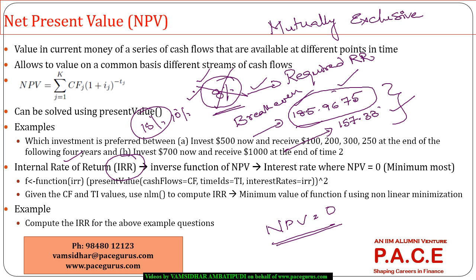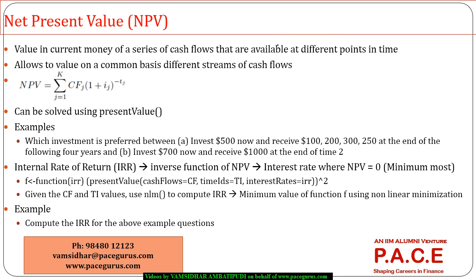So that's where people call this the inverse of NPV. Instead of specifying an interest rate, we would be deriving that particular interest rate where NPV becomes 0.